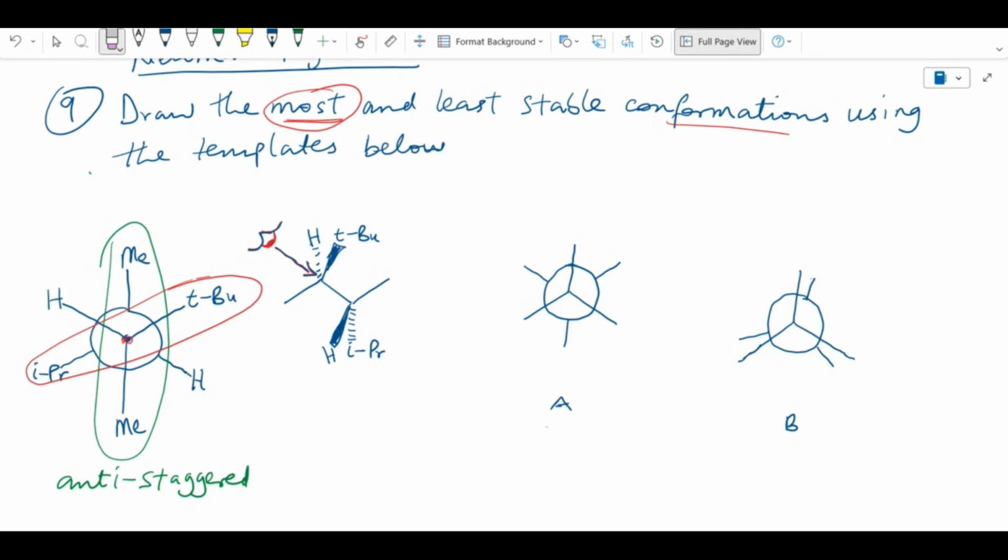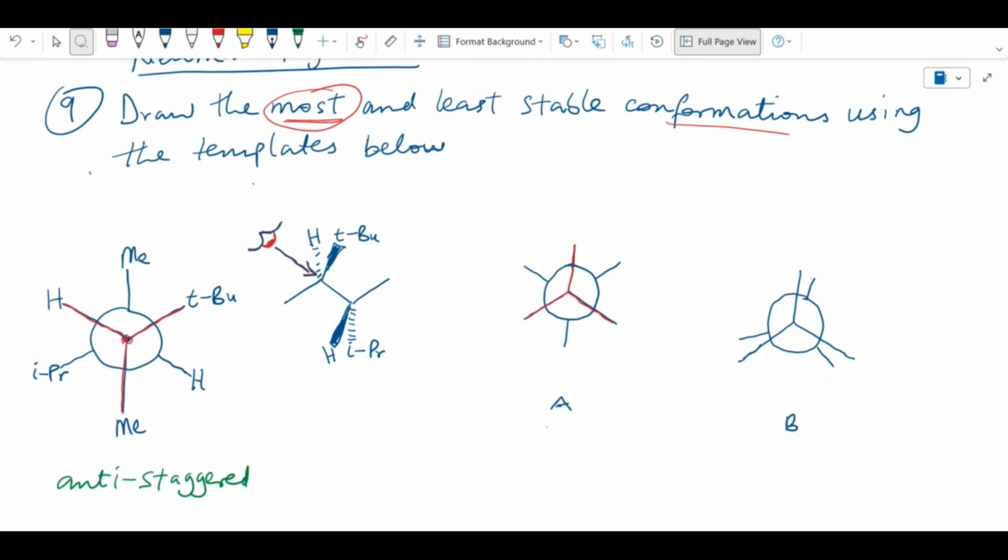So the next thing would then be to find a way to transfer the substituents onto the templates that were given. So if you look at the template, this is the front carbon, the bonds on the front carbon. So here's my front carbon here. Here are the bonds on the front carbon.